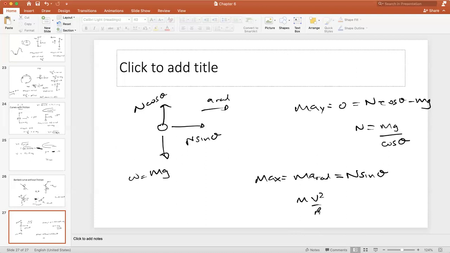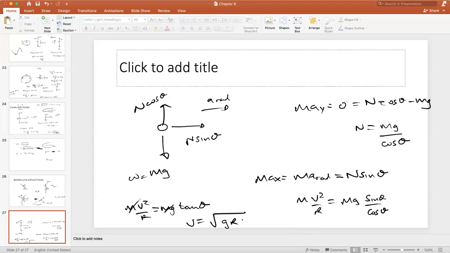Now n is this mg over cos theta. Remember that a rad is v squared over r. So I get m v squared over r is equal to mg tangent theta. The m's cancel, and I get that v is the square root of g r tan theta.